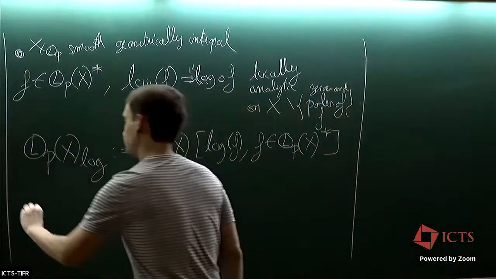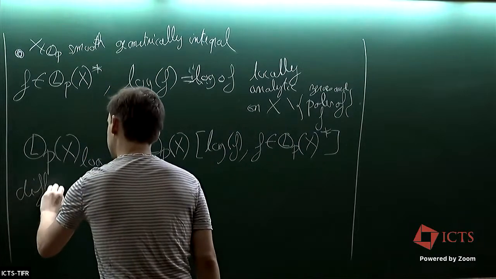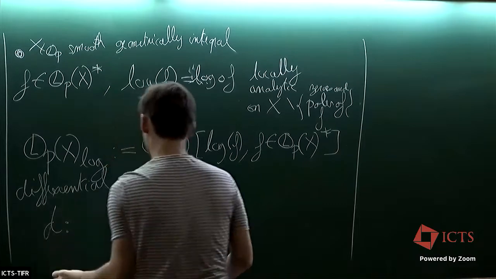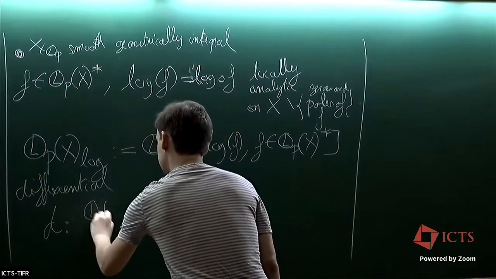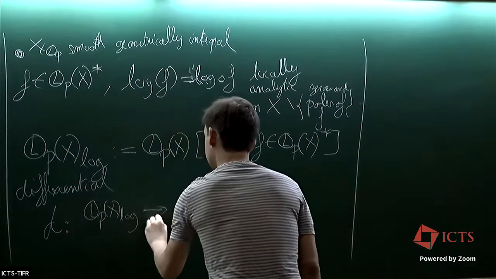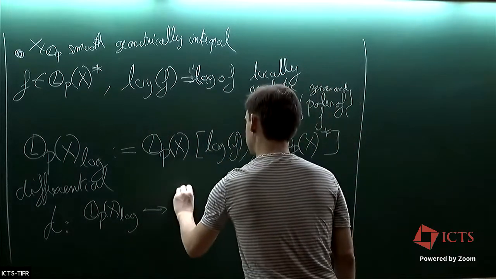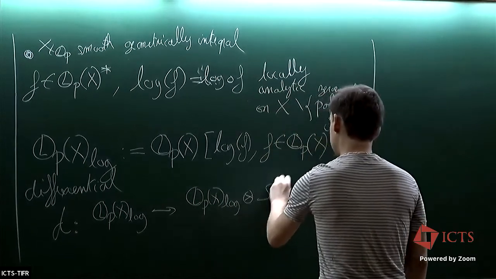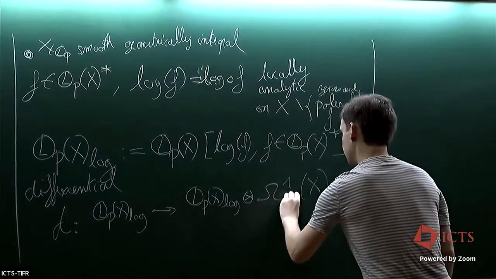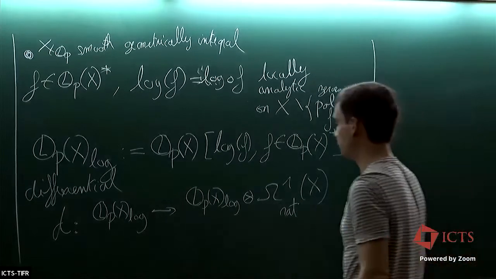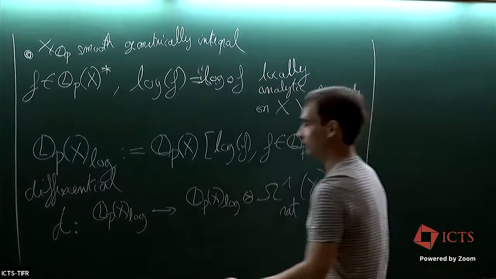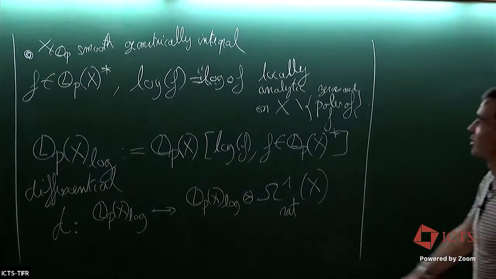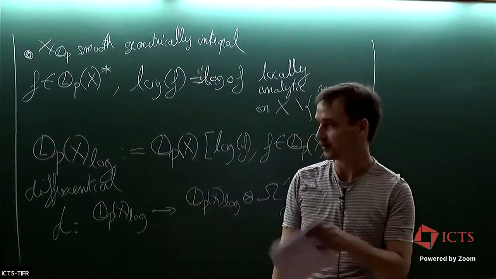I have a differential d that extends the usual differential, so it does go to this space. And I'll explain the notation afterwards. But what I want to focus on is what do you think should be the differential of log of f? And that's actually one of the main points of the definition.